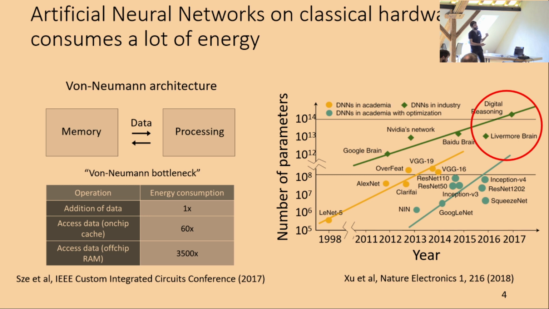As time goes by, neural networks have become more and more complex, having more and more parameters, because they are considering more complex tasks. If we have a high number of parameters, it means we have higher memory usage, hence higher energy consumption. So we would like to reduce this energy consumption eventually.